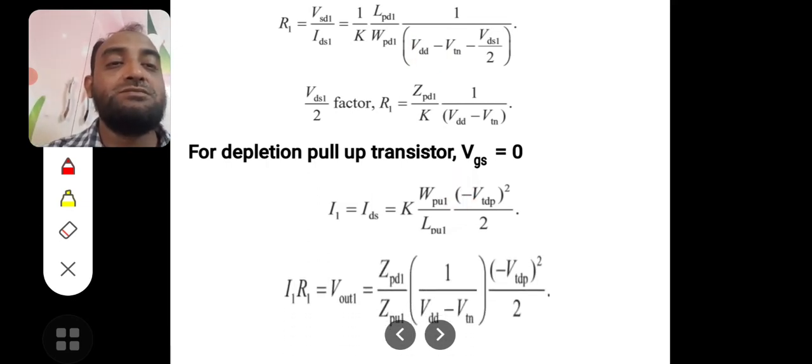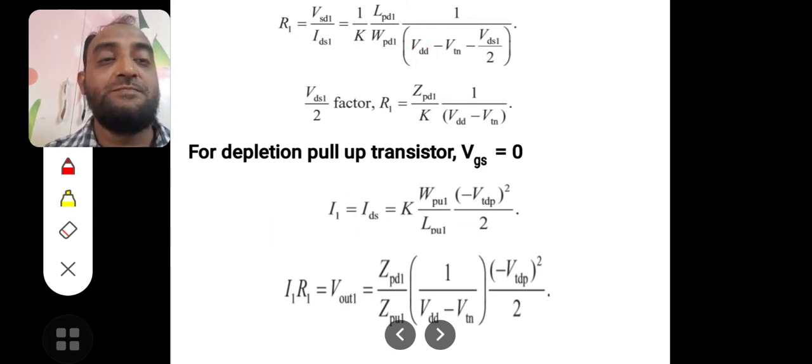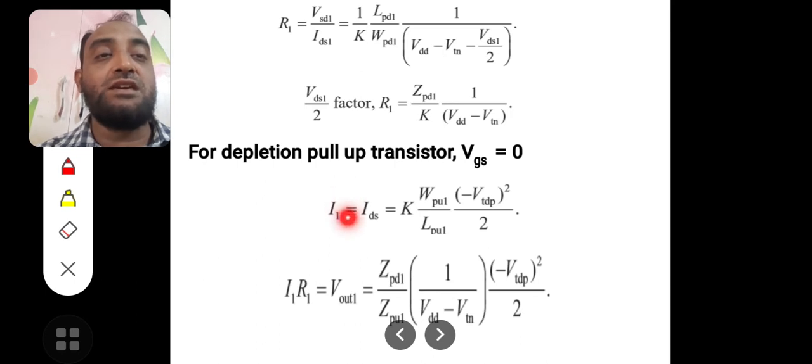Now you can write the I1 current. This current is the same for this device, enhancement device, as well as depletion device. So I1 is directly taken without this VGS, and I1 R1 is equal to the output. Between the pull up and pull down device, there is a connection that we take as output.